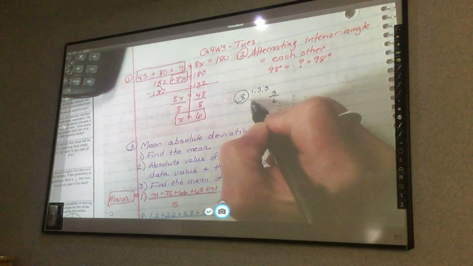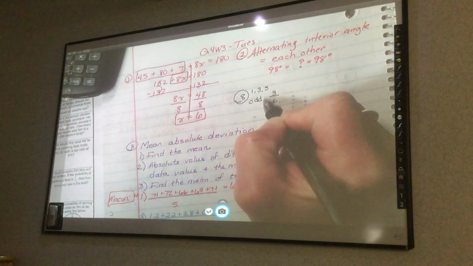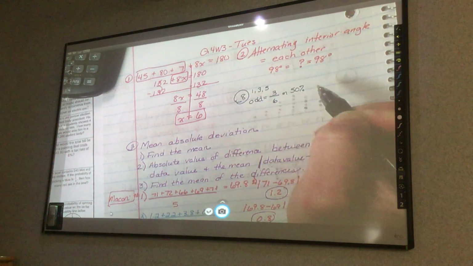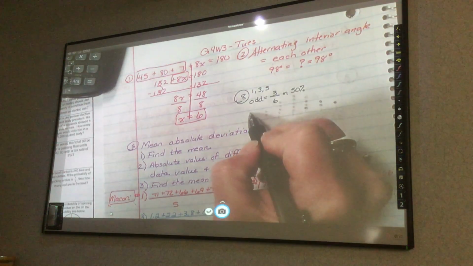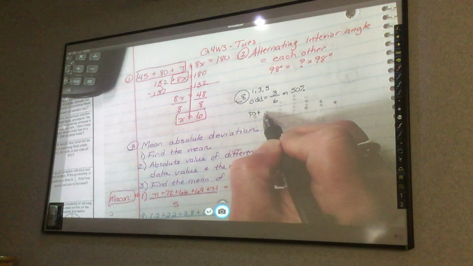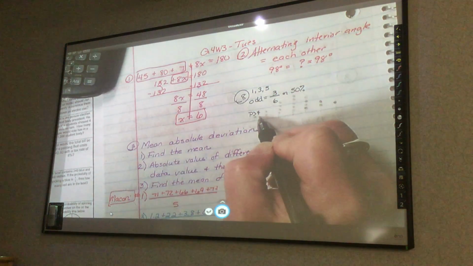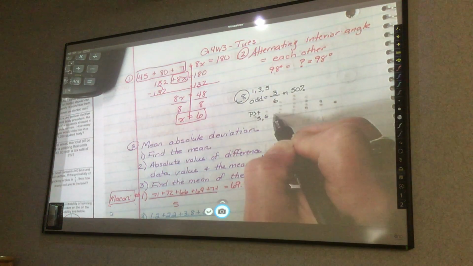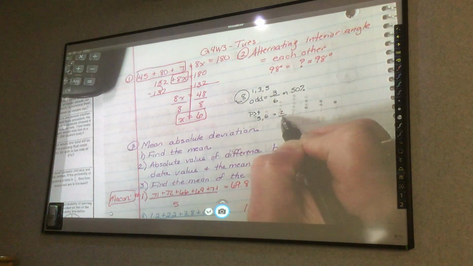So to roll an odd, I get 3/6, or you could say 50%. The probability of greater than a 4. So our number choices would be 5 and 6. So our probability would be 2/6.